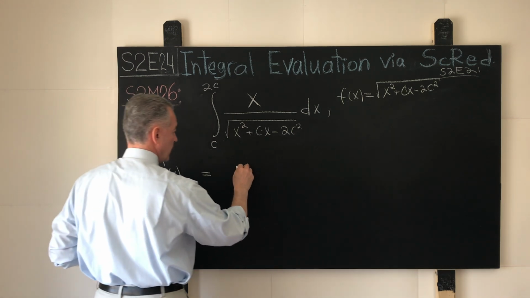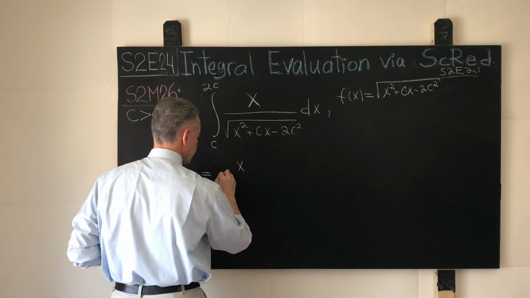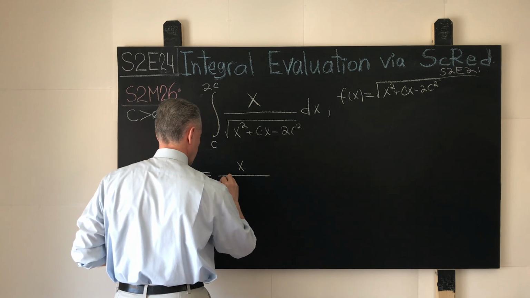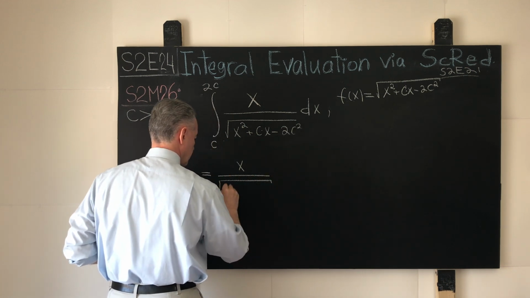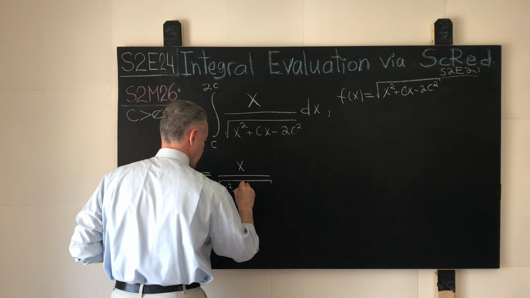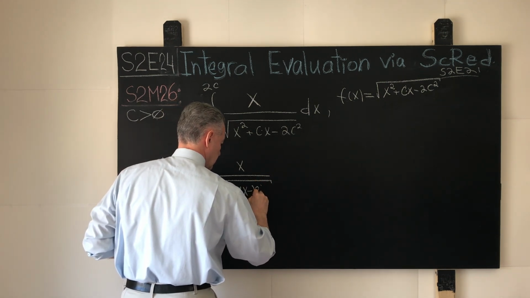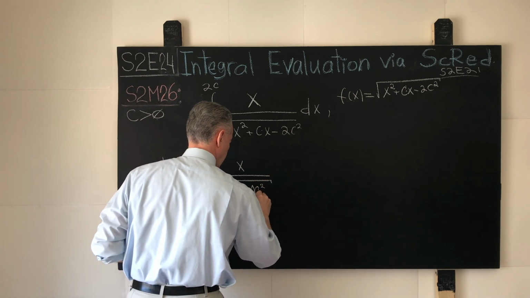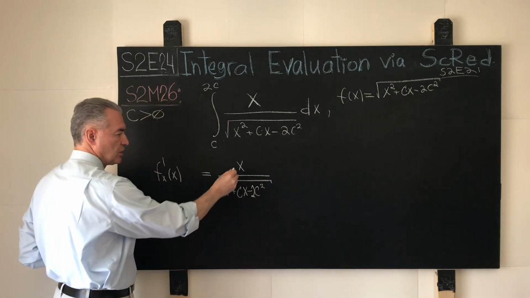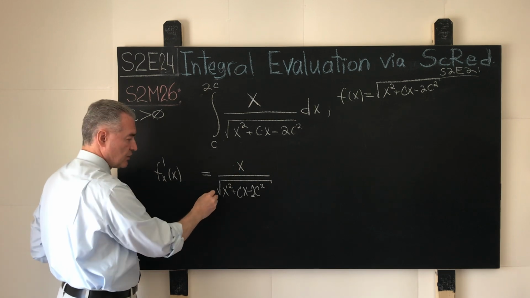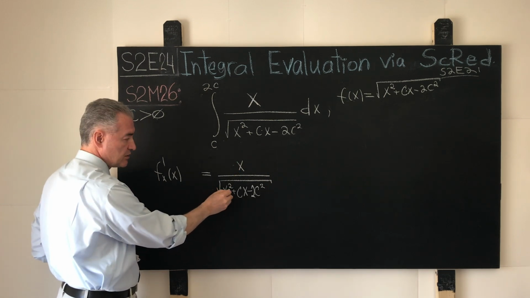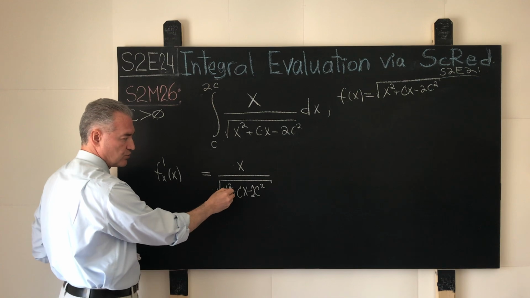In the first one, we will have x over square root of x squared plus cx minus 2c squared. That much we understand, because again, 2 in the numerator canceled out with the 2 in the denominator, precisely thanks to the presence of the square.